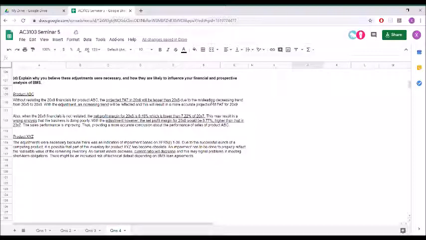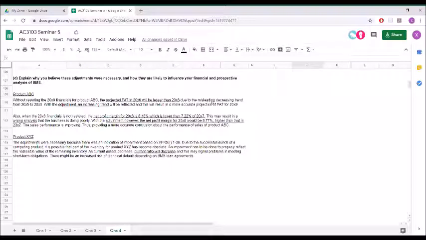of product ABC. So for product XYZ, the adjustments were necessary because there was an indication of impairment based on SFRS(I) 1-36. Due to the successful launch of a competing product, it is possible that part of the inventory for product XYZ has become obsolete.